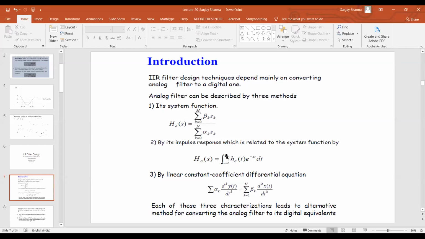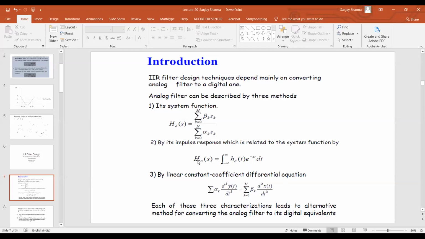We can express the analog filter in the form H(s) also, right? Or we can also describe the analog filter in terms of a linear constant coefficient differential equation.